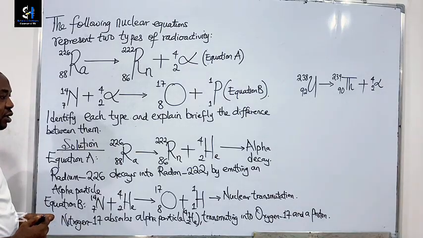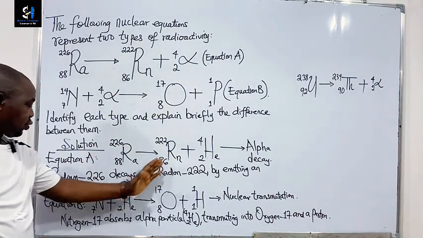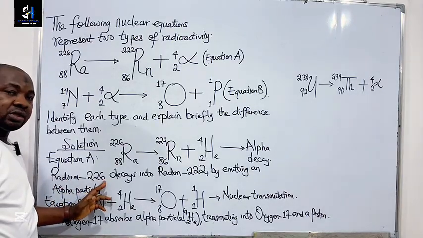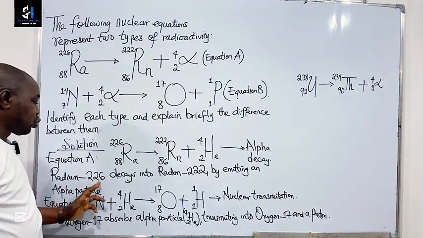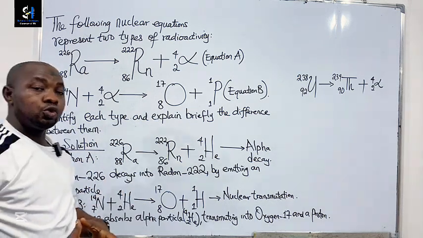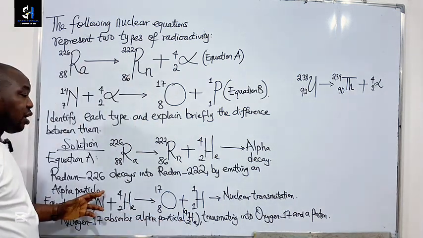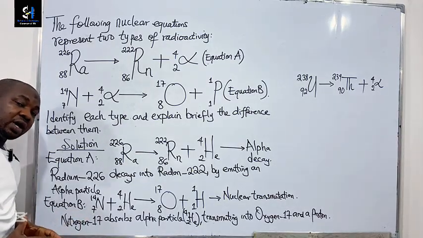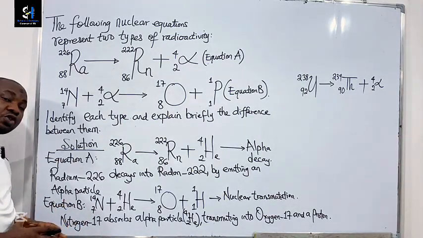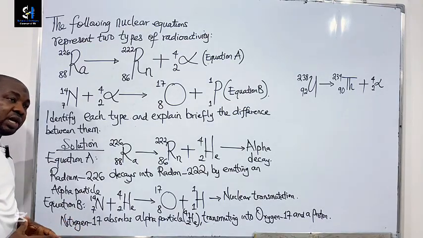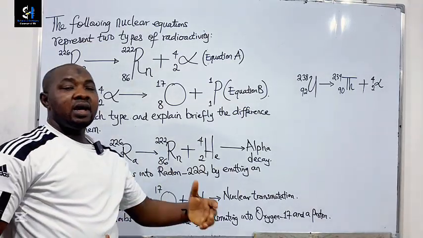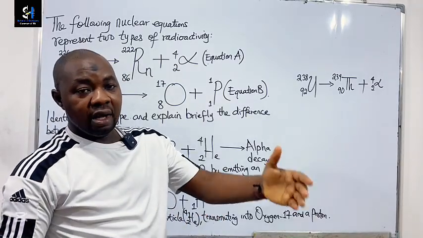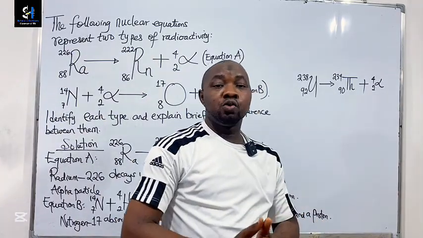Identify each type. The first equation is one in which radium-226 decays into radon-222, emitting an alpha particle. The second is a nuclear reaction, because it is a non-spontaneous process where one element is converted into another through particle bombardment.